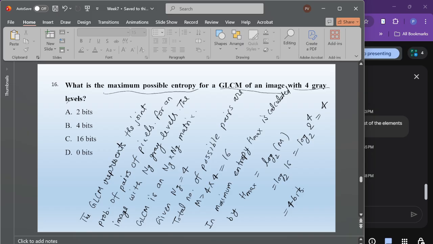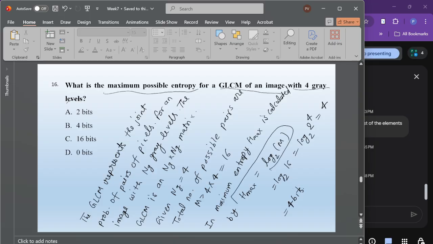As we know, entropy measures the randomness and uncertainty. In any discrete probability distribution with n possible states, the entropy is maximized when the distribution is uniform. The maximum entropy H max for a system with M equally likely states is calculated by this.